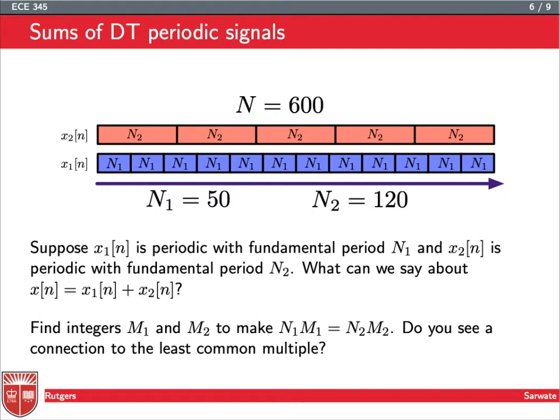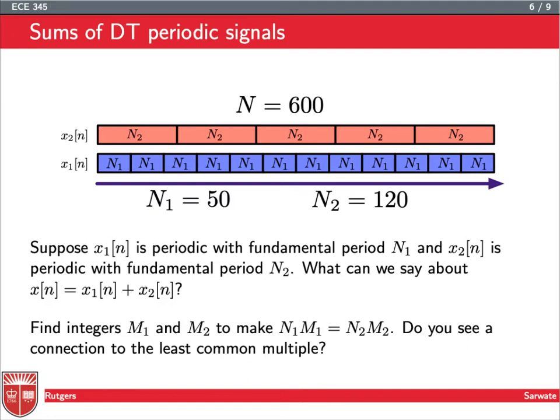If we have x1 periodic with fundamental period n1 and x2 periodic with fundamental period n2, then what about the sum of the two? Again, we can see how many boxes we have to stack up such that the cycle repeats itself.